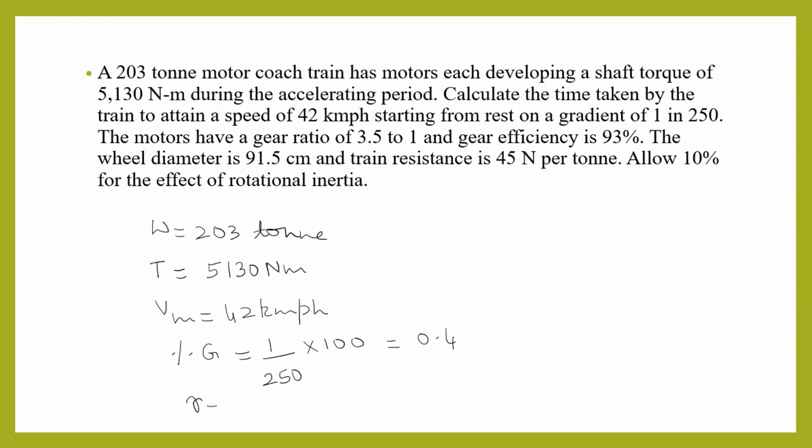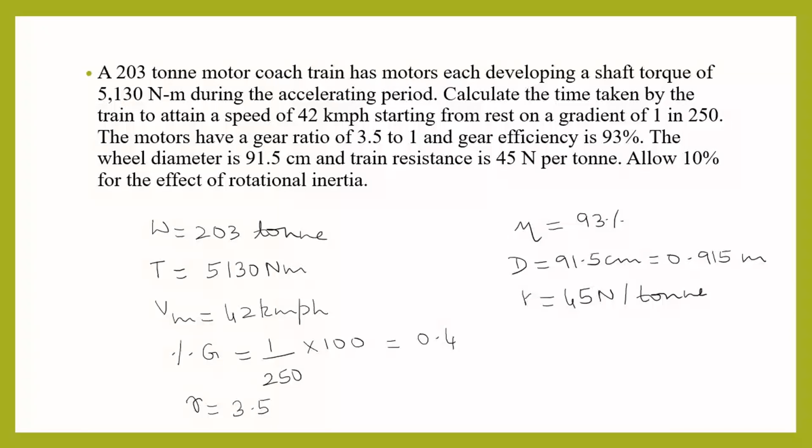Gear ratio gamma is 3.5. Gear efficiency is 93%. Wheel diameter is 91.5 centimeter, that is 0.915 meter. Train resistance R is 45 Newton per ton. Rotational inertia is 10%. So WE is 1.1 times W.